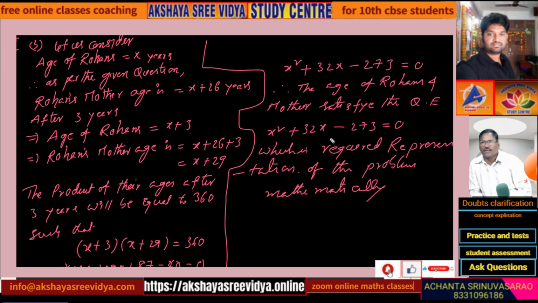After 3 years, Rohan's age is x plus 3, and Rohan's mother's age is x plus 26 plus 3, that is x plus 29. Their product will be equal to 360.